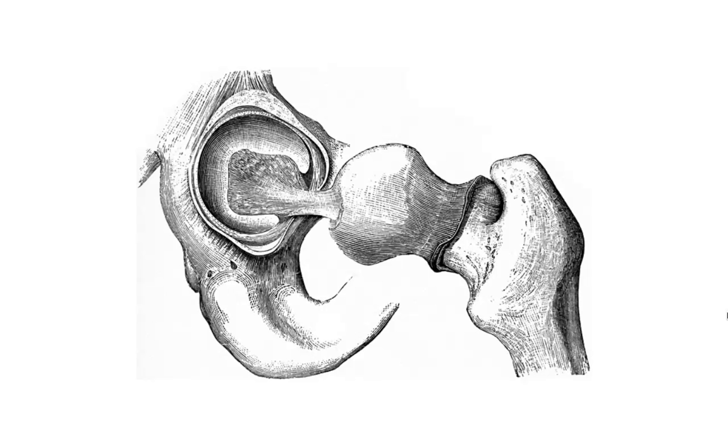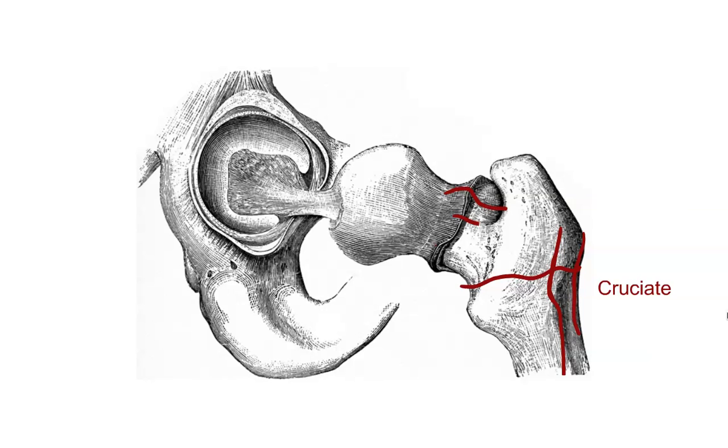The blood supply to the hip comes from the cruciate anastomoses around the level of the lesser trochanter and in the shape of a cross, and this is branches from the thigh and from the inferior gluteal artery at the back.